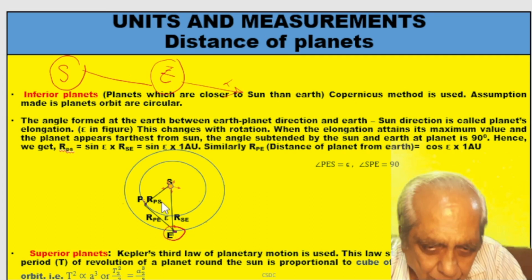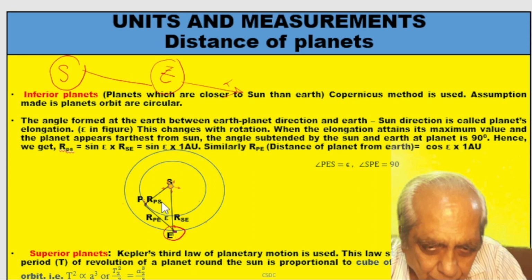Listen carefully, I will explain again. At some particular point of time, Sun was here, planet is here, and Earth is here. Join S to P, join P to E, join S to E. So I get this triangle.